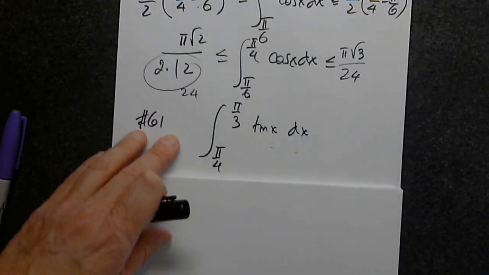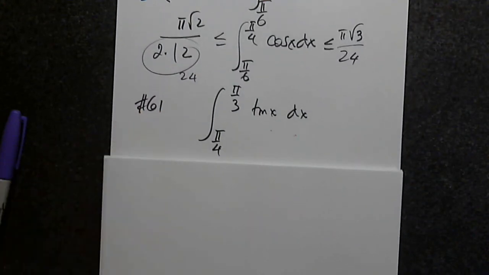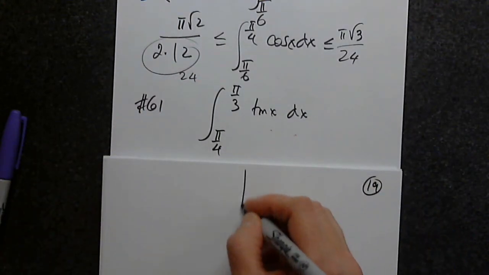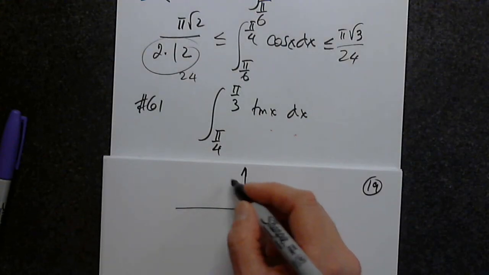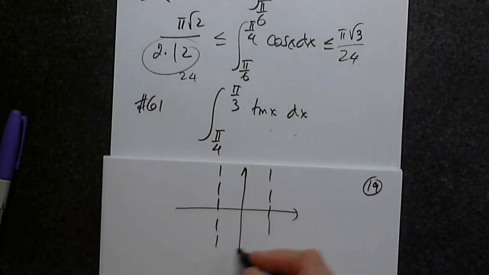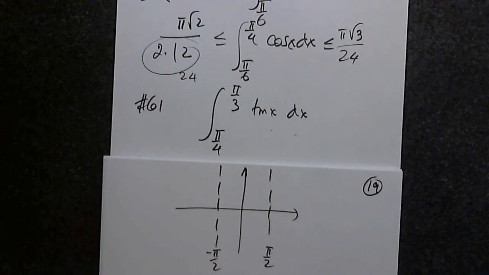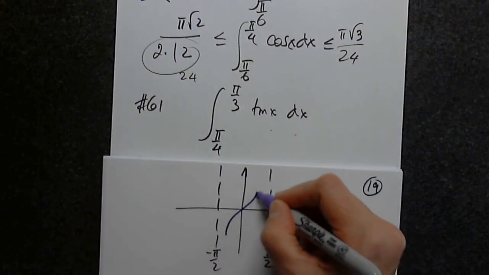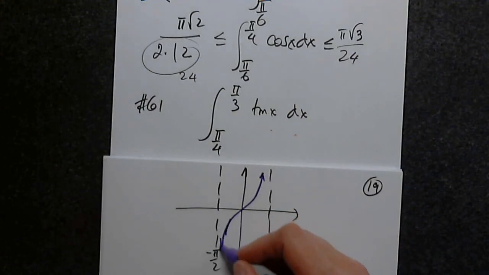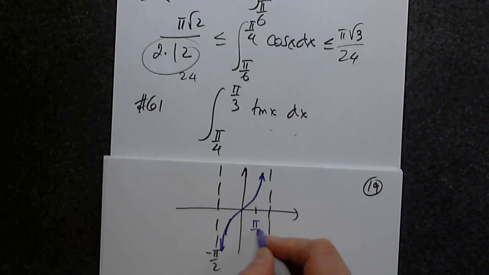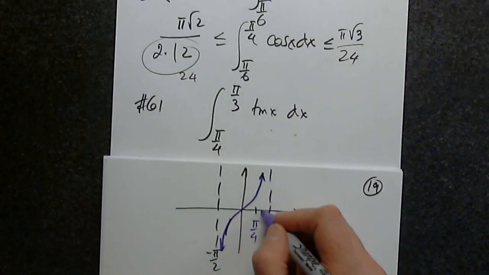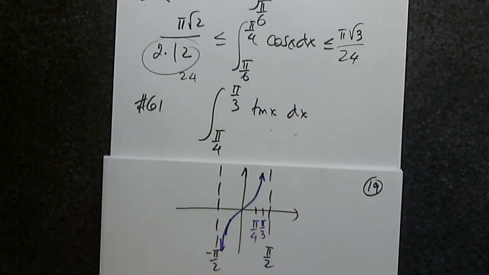Now, my first thought is, where do I start, of course? And secondly, to graph tangent. Very important. So pi over 4 is right in the middle, and pi over 3 is larger, because pi over 4 is 45 degrees and pi over 3 is 60 degrees.